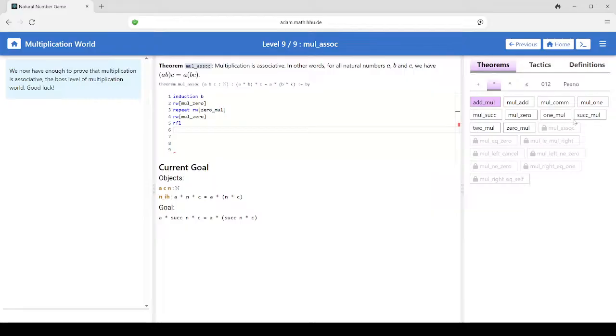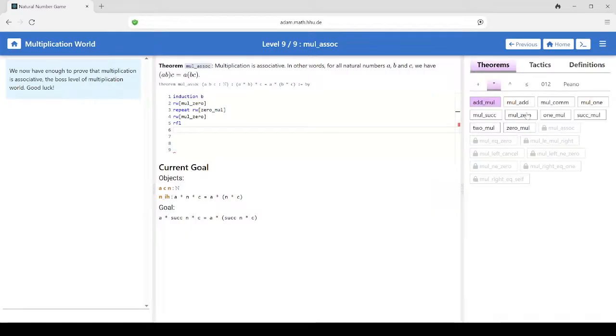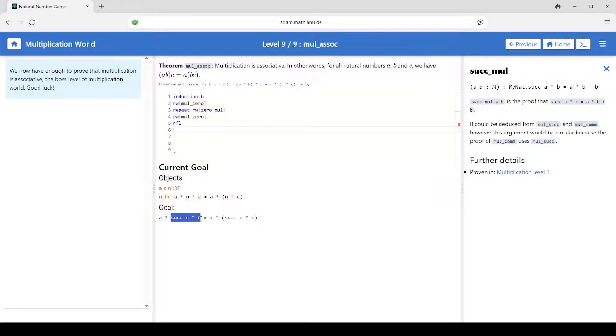Wait, not that. Yeah, this one. It is this one. Can I get that to affect these?